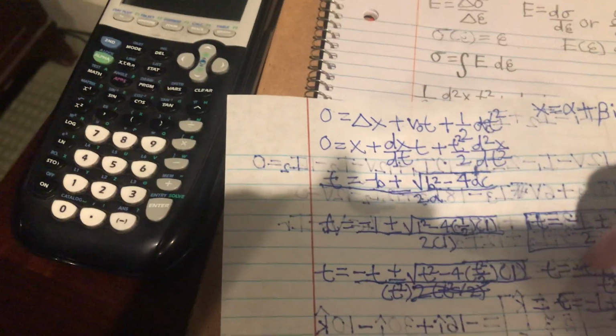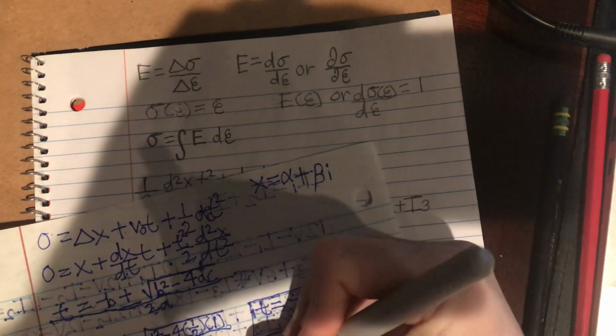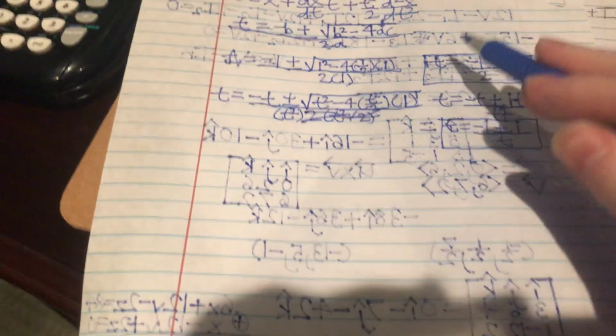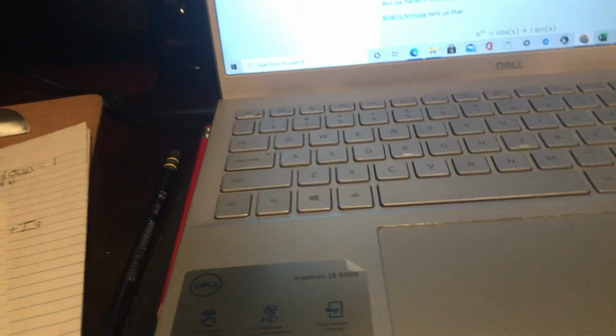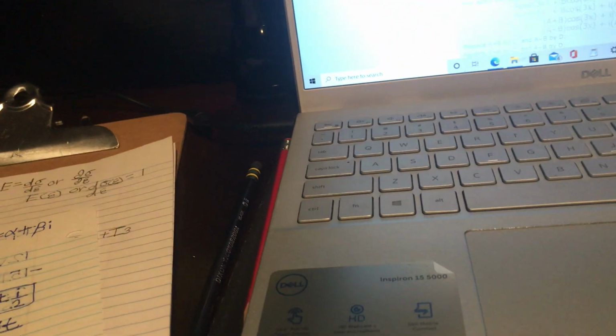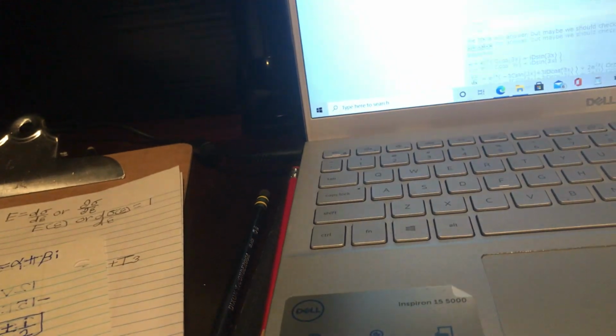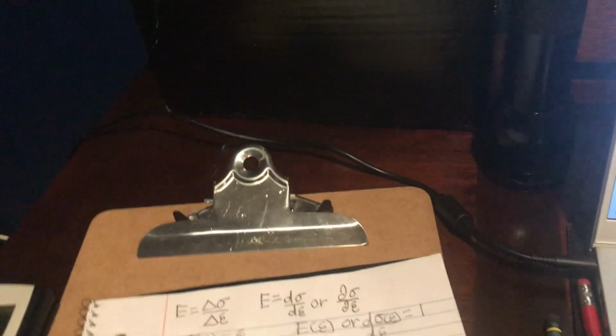So using distribution, and bang. So this is the term without the t, and that's the term with the t. So according to here, we're going to state these two terms in terms of alpha and beta.